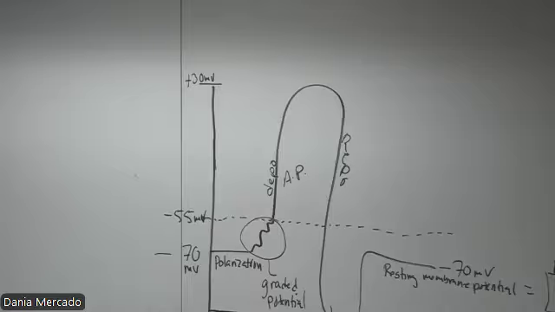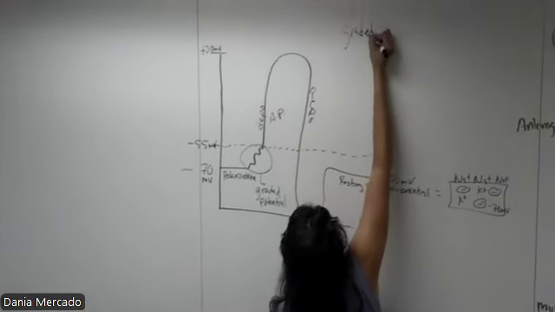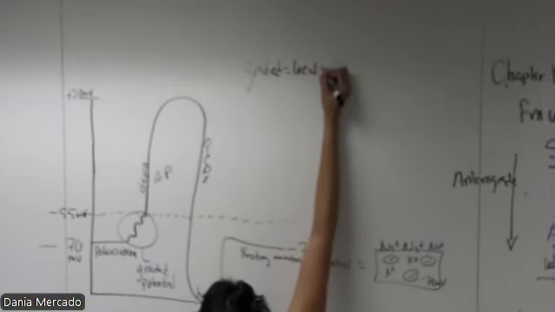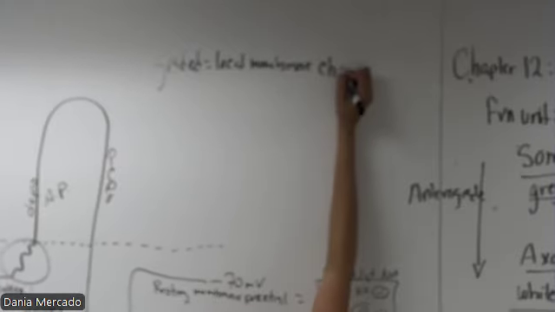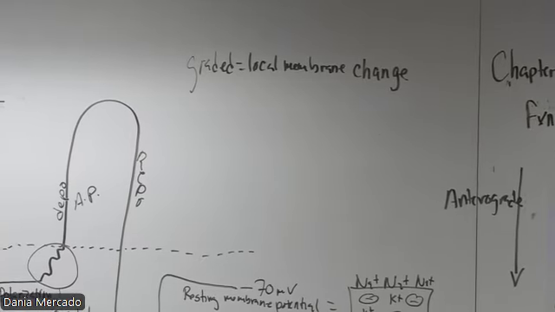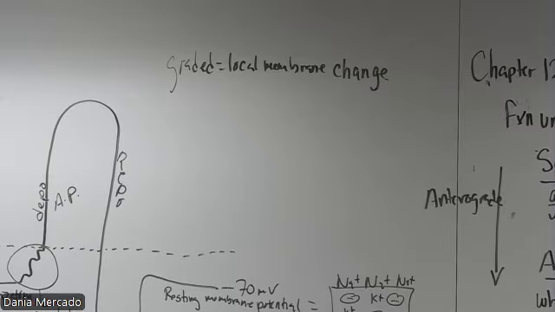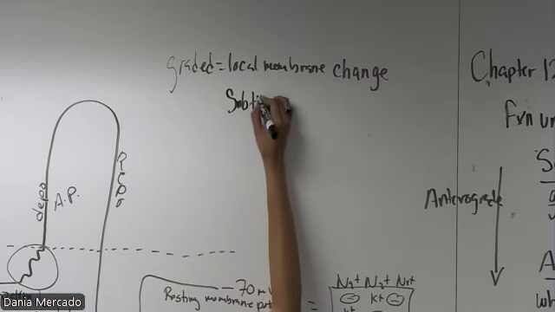The graded potential is known as a local membrane change, right? Local membrane change. They can be, or most of the time, they're sub-threshold. So sub-threshold stimuli, by themselves, cannot cause an action potential. So they're considered generally to be sub-threshold.